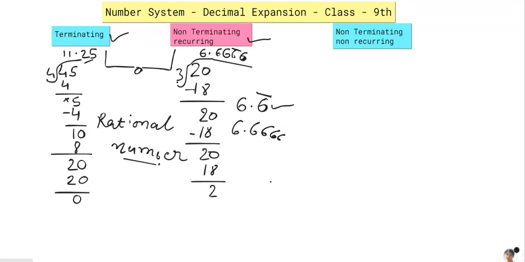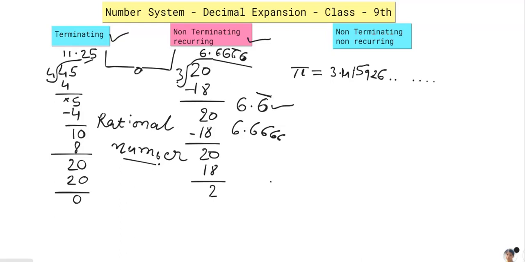Now, what about non-terminating non-recurring? In some divisions you get something like the value of pi. What is the pi value? 3.1415926, 5926, and so on. The digits are not repeated, and you will never get a finite number. Like 6 being repeated here, no such number repeats here.